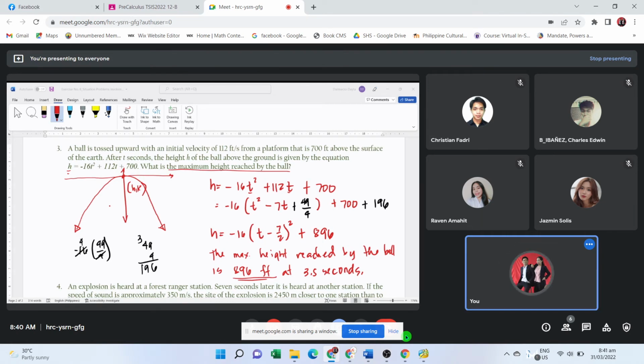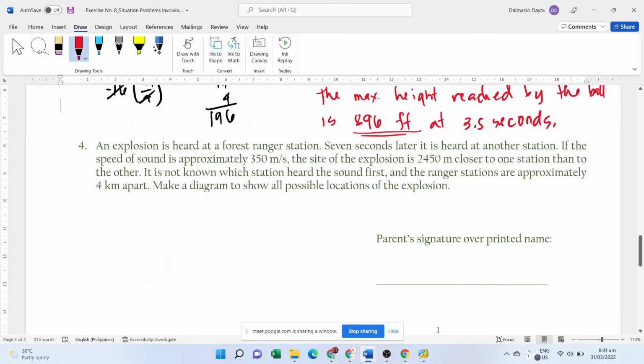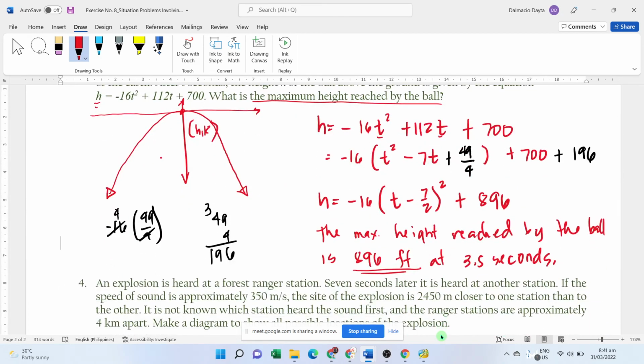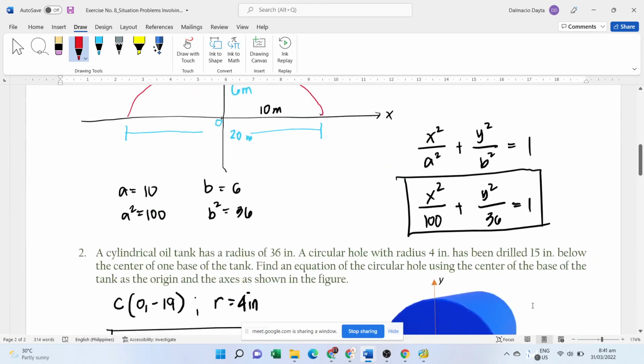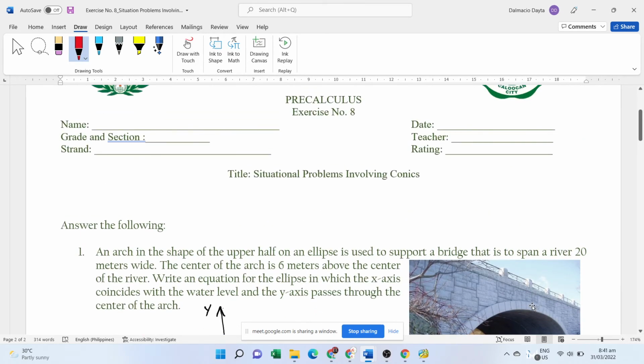Next. An explosion is heard. So, di ba mga students, nag-exercise ako doon sa nakasulat na, kasi tinuturo ko yung parabola, involving conics.